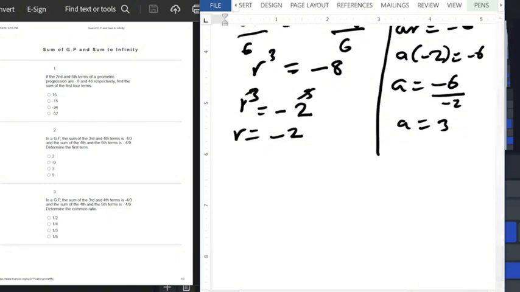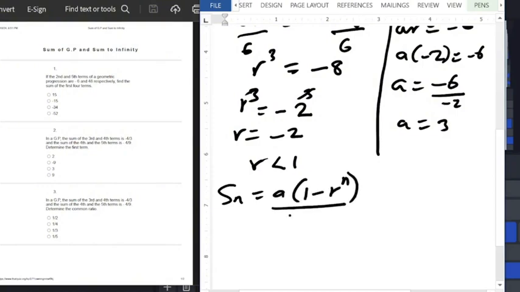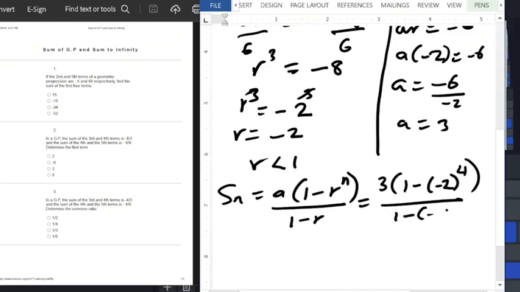So what is the sum formula? Here the common ratio is less than 1, so we are using the sum formula, that is A into 1 minus R raised to power n, all over 1 minus R. So that is 3 into 1 minus -2 raised to power of 4, close the bracket, all over 1 minus -2. This is the formula Sn.